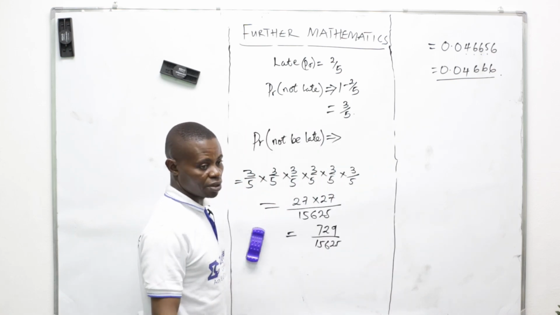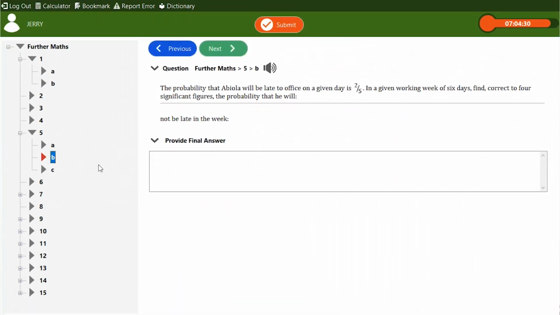So the next question, question C. Be late throughout the 6 days. He's going to come late to the office throughout the 6 days. You already know the probability of coming late to be 2 over 5.